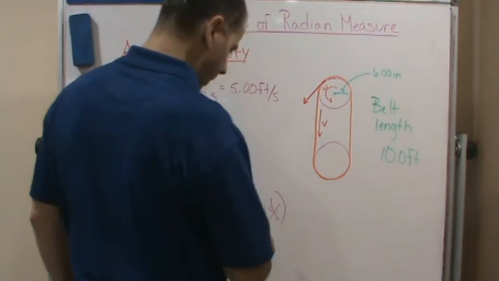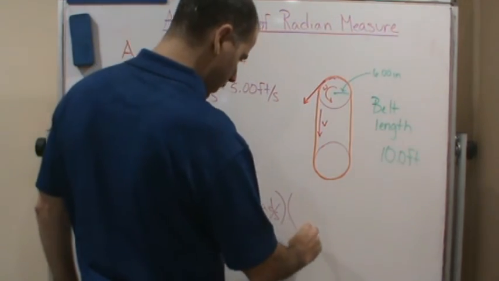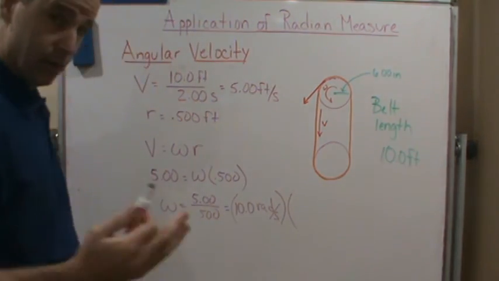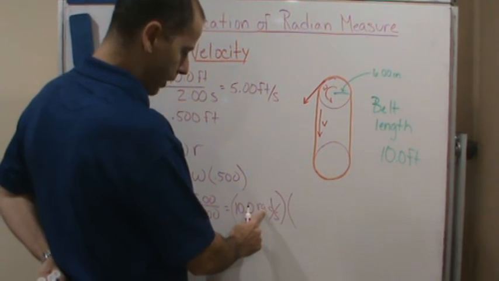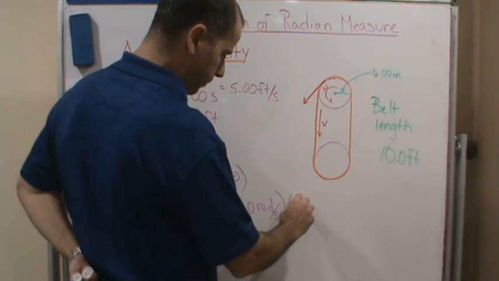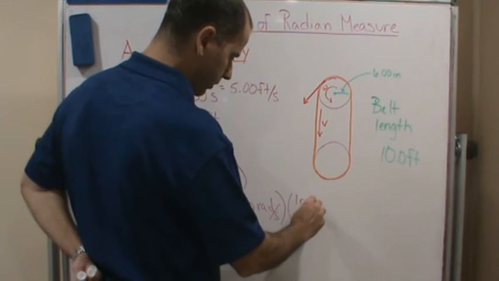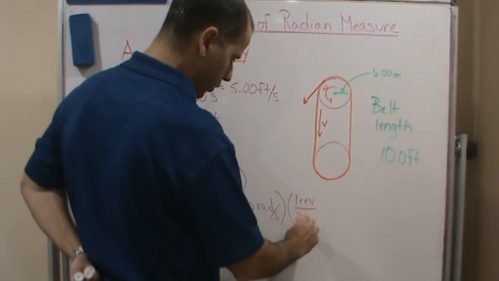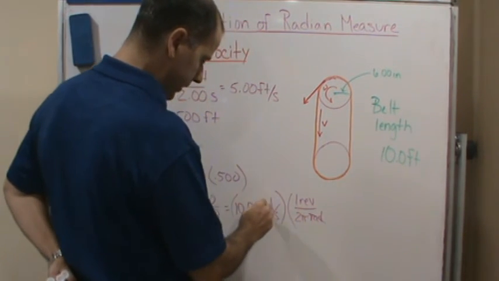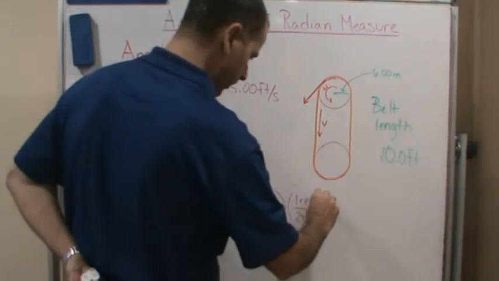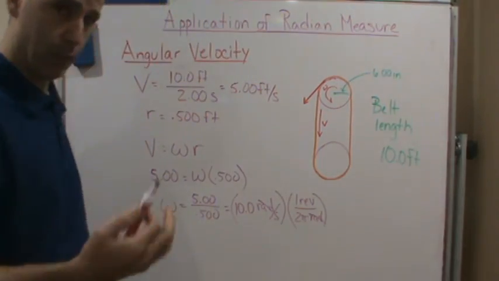So first of all, I'm going to multiply by the unit ratio to change radians to revolutions. I know that one revolution is equal to 2 pi radians, so the radians will cancel. Now I've got revolutions on top, which is what I want.